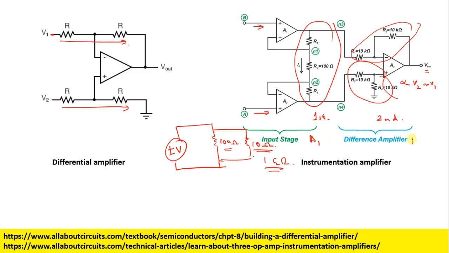That's why A1 multiplied by A2. Because of this, the gain of the biopotential amplifier increases drastically. So this is the advantage of the instrumentation amplifier over the differential amplifier.